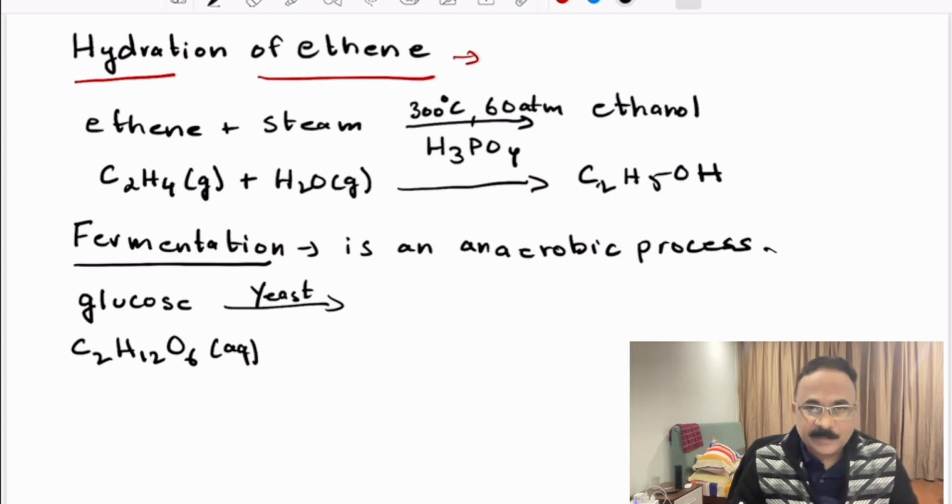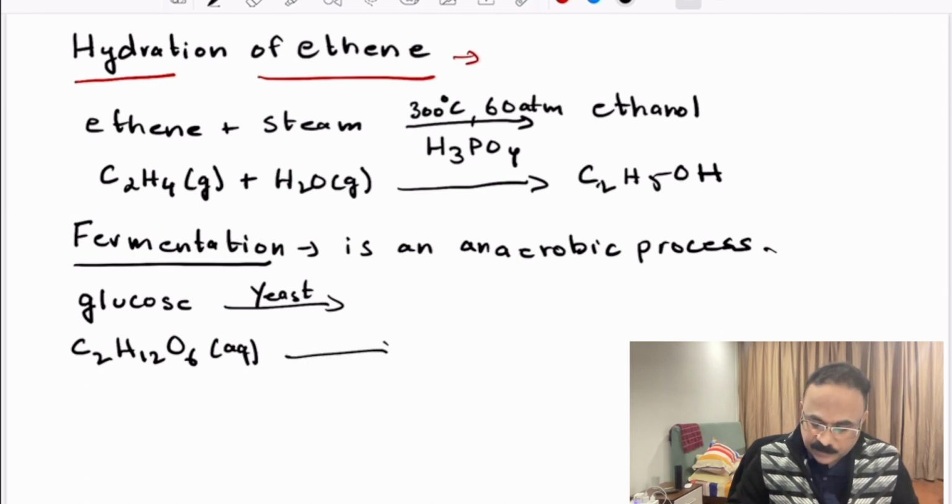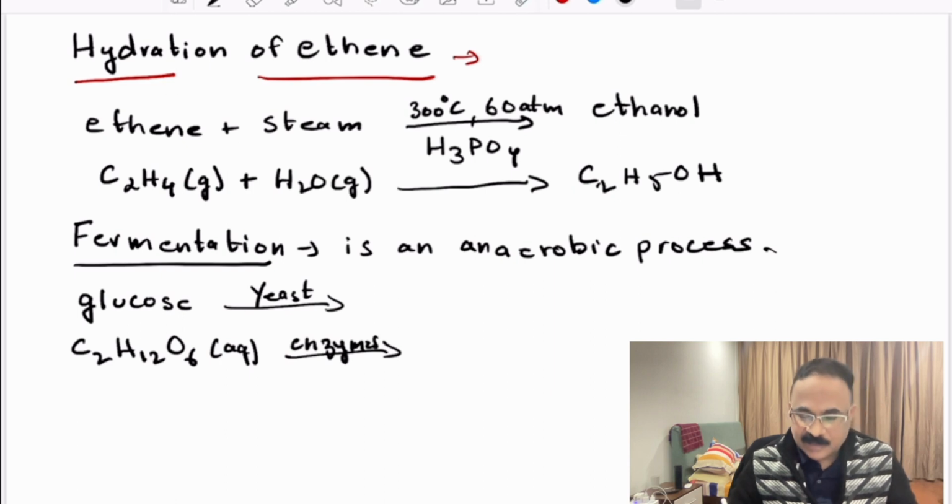Yeast is a fungus, a microscopic organism. And what does it produce? It produces enzymes, like invertase. These are the enzymes produced by the yeast, which anaerobically convert the glucose into ethanol.